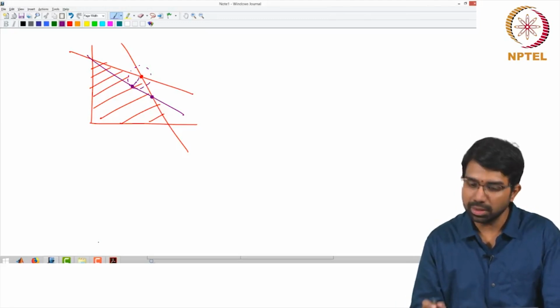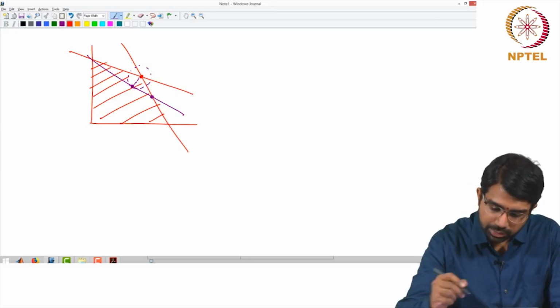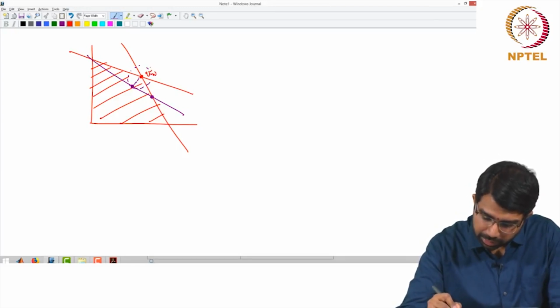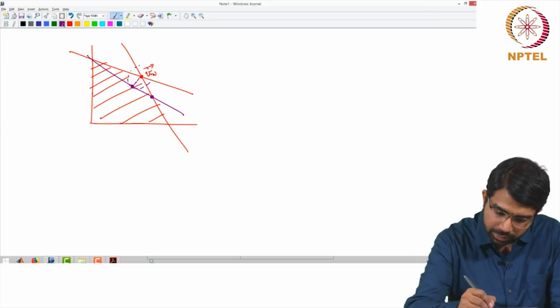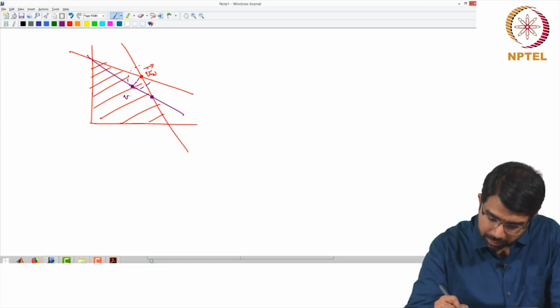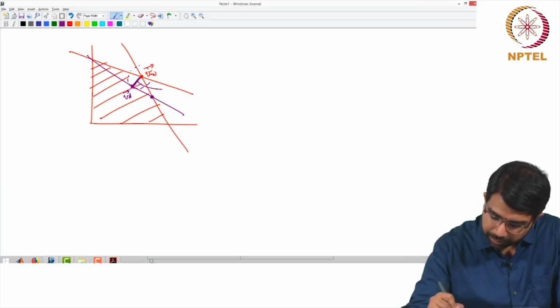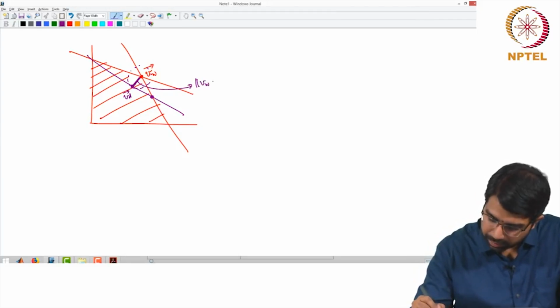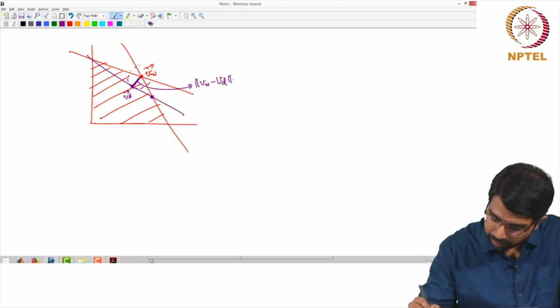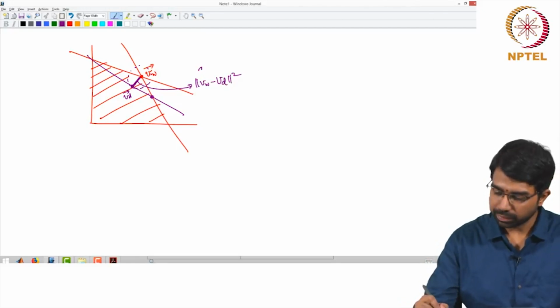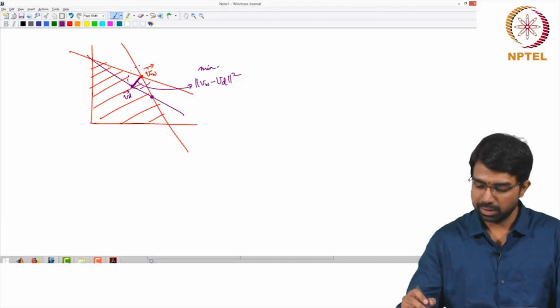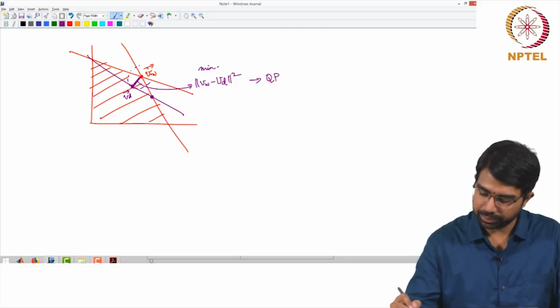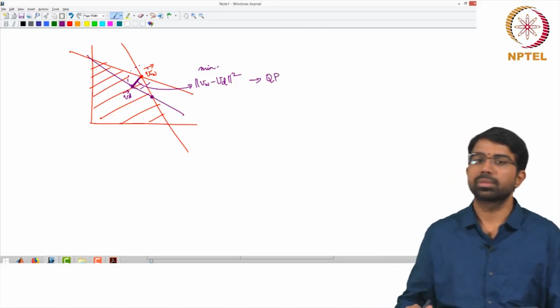This is VW, this is VD, and you get this by minimizing the distance, which is nothing but a QP.